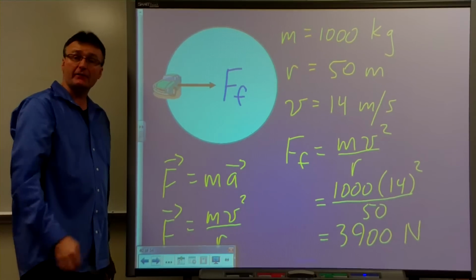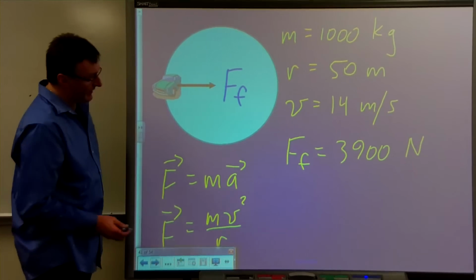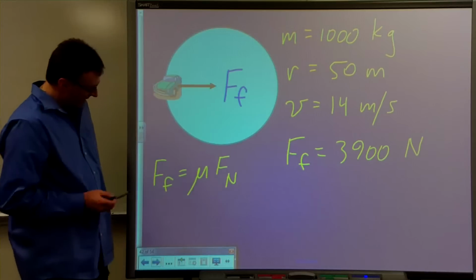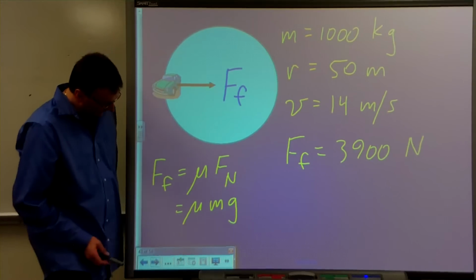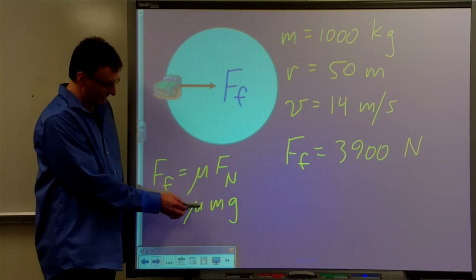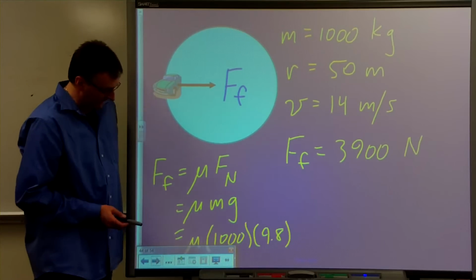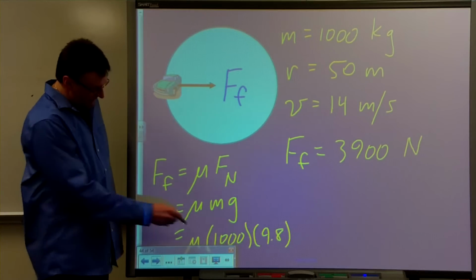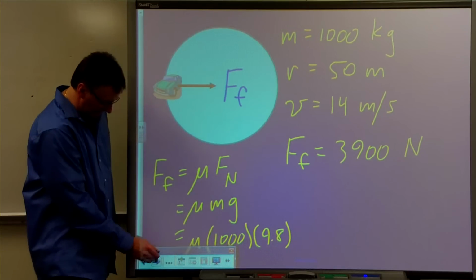And now let's see if we have the friction force necessary in order to do that. So we know that the force of friction is mu Fn. So with dry pavement, we're given the coefficient of friction, and then we just multiply that by mg, and we'll see if we have enough of a force. So that's going to be m is 1,000 kilograms and g is 9.8.